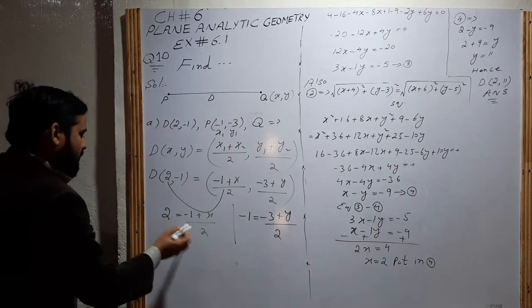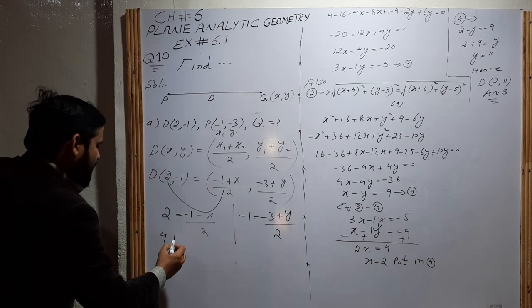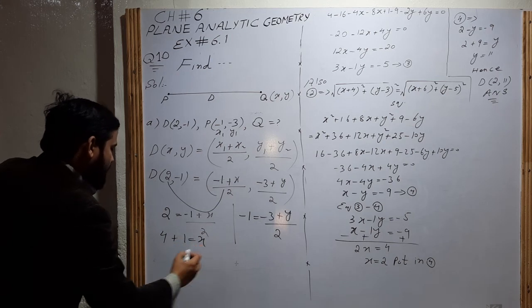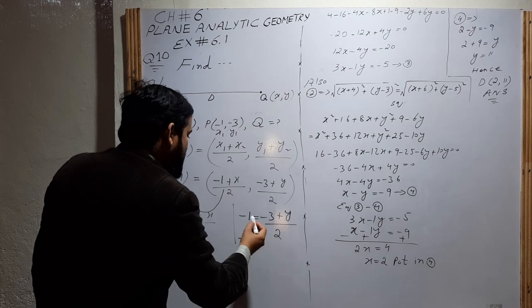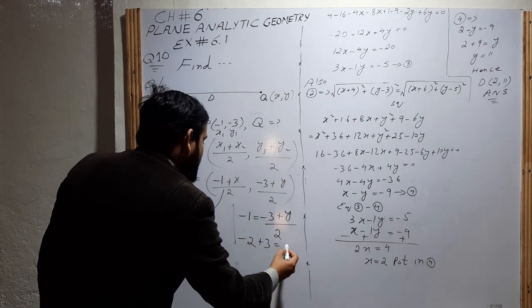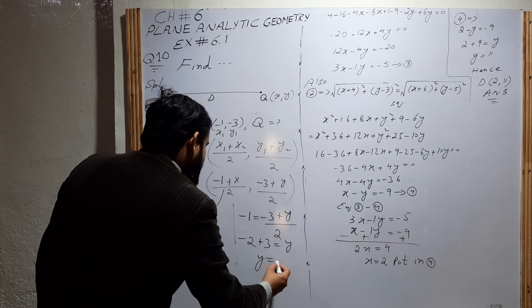Multiply by 2 on both sides, 2 twos are 4, and minus 1 to the left becomes plus, so x value in this case is 5, and there is minus 2 and this is plus 3, so y value in this case is equal to 1.